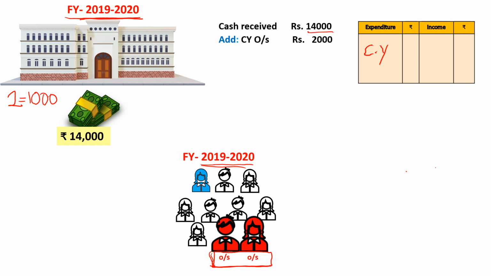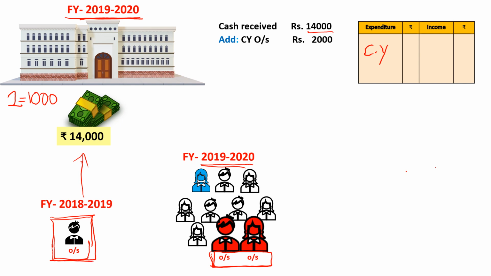Next, another information is given that out of these all students, there was one student whose fees was outstanding in the previous year. He paid fees now in this 14,000 rupees. So 1,000 rupees related to this previous year student is paid in this year.